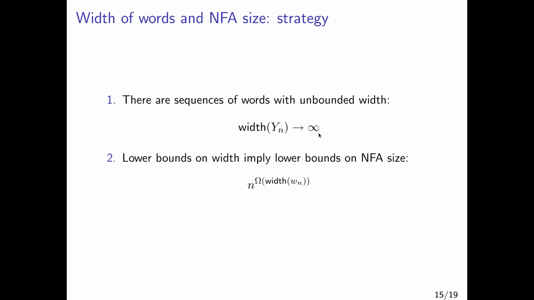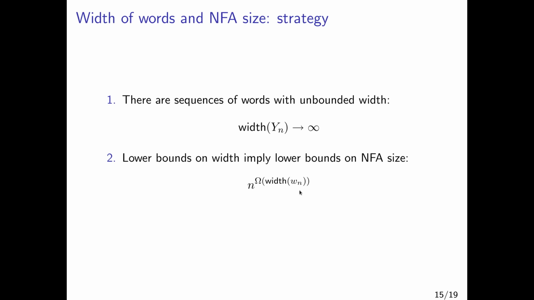But then we also show that if you have lower bounds on the width for some words, it doesn't really matter which words, this will imply lower bounds on NFA size. And the lower bound will be of the form n, basically to the power of the width of the word.